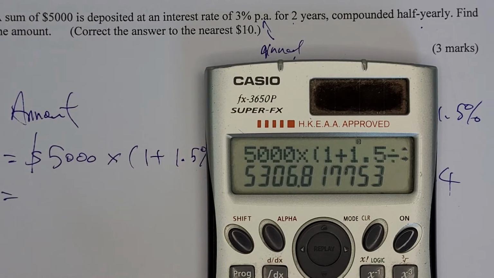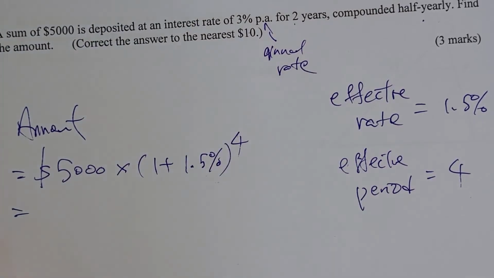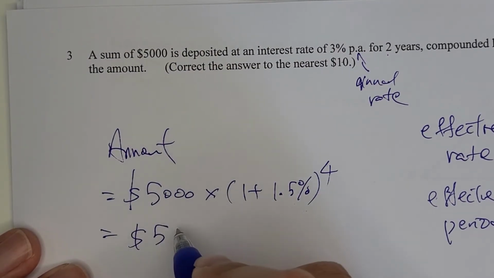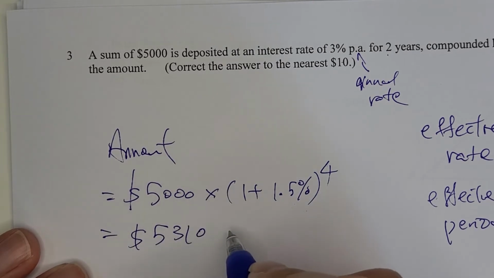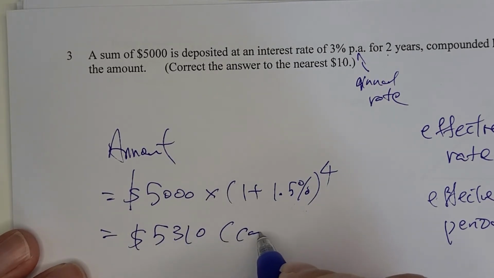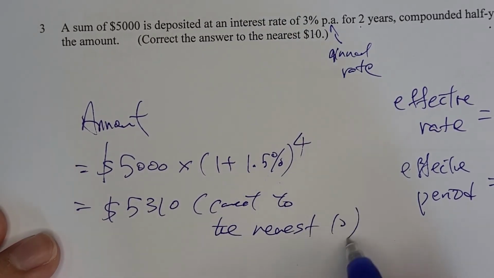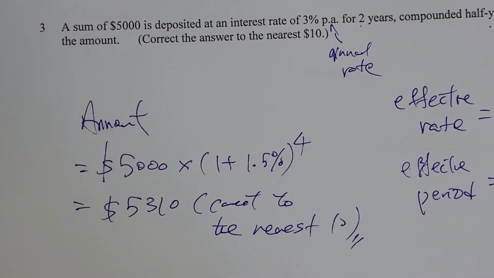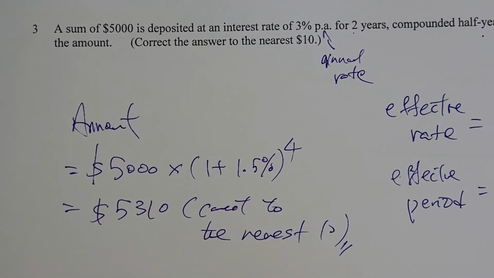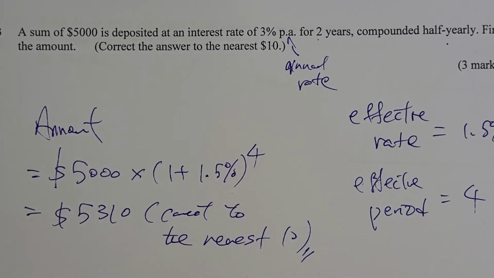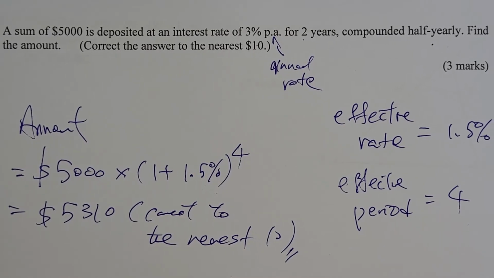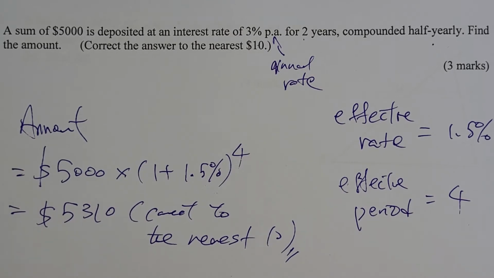Correct to the nearest 10, so 5310. That's question number 3. Okay. So here you can check the work. And then let's move to question number 4.